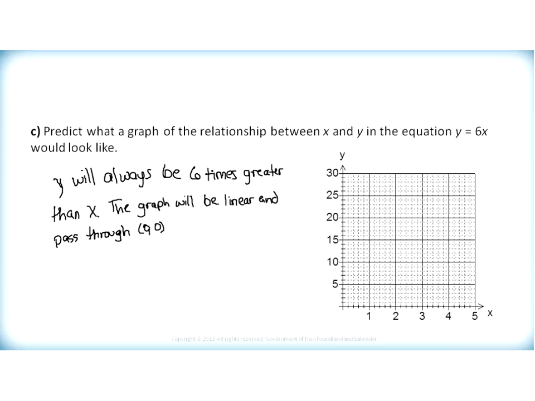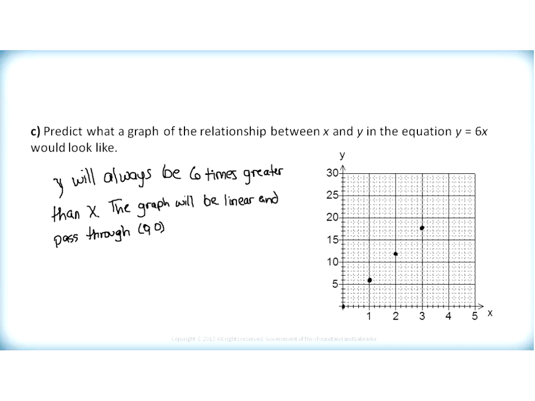So I'm going to graph the data that we collected earlier in our table. If we start at 0, 0, when x was 0, we got y is equal to 0. When x was 1, we found that y was equal to 6, if you recall. When x is 2, y is equal to 12. When x was 3, y was equal to 18, which is right here.